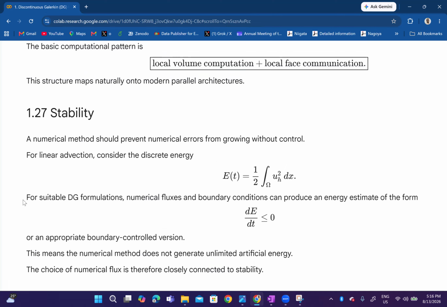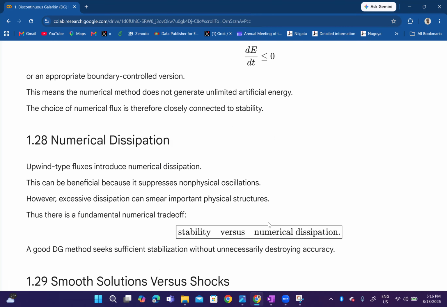For suitable DG formulations, numerical fluxes and boundary conditions can produce an energy estimate of the form dE/dt less than or equal to 0, or an appropriate boundary-controlled version. This means the numerical method does not generate unlimited artificial energy, because there is a bound on that. The choice of numerical flux is therefore closely connected to stability. So if there's no bound, then there's no stability. That's basically the idea here, and that's why dE/dt is less than or equal to 0.